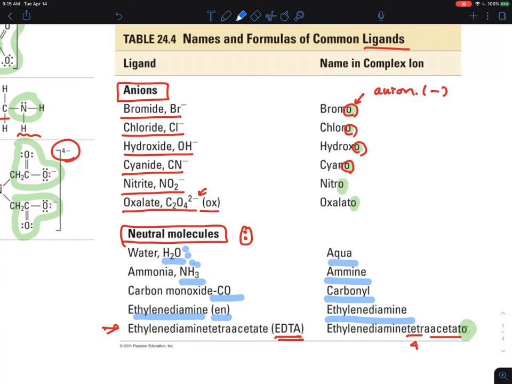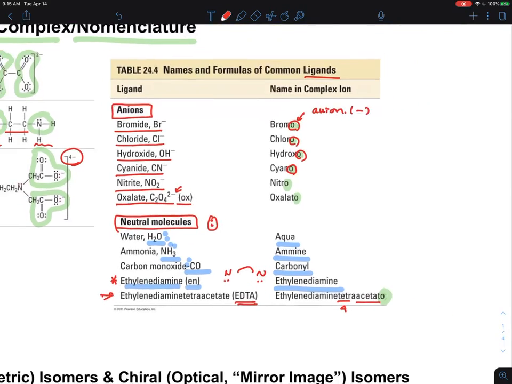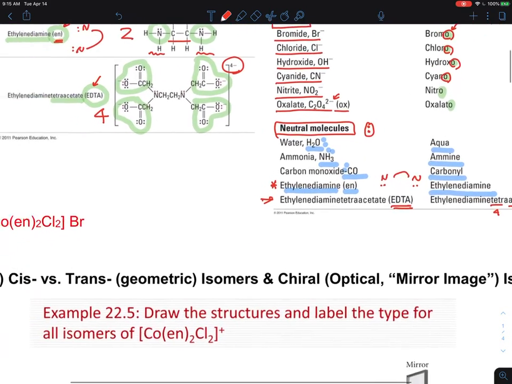In carbon monoxide, the carbon and the oxygen both have lone pairs of electrons, and then en is again a diamine with these lone pairs. I think en shows up quite a lot of times in the past problem sets I've dealt with so far.